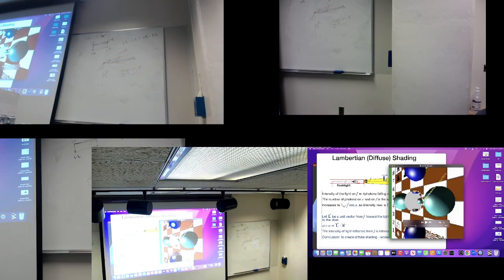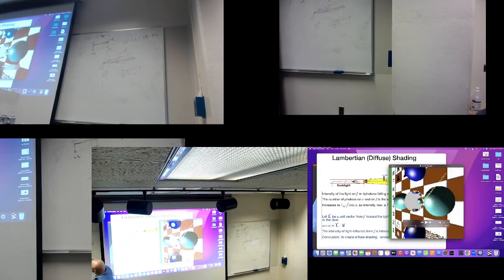And then what is the intensity over here? The intensity will be the incoming intensity, I, times KD. Remember, KD is a vector. It's the reflection in green, the reflection in blue, the reflection in red. It's three parameters, times, and that's the important thing, N dot product L. That's a cosine that is relevant for us.